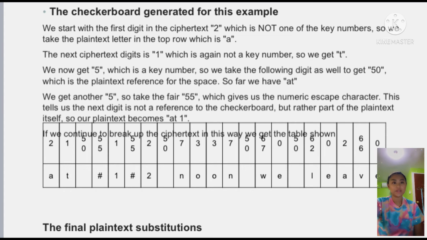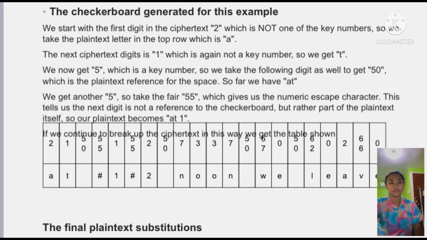We start with the first digit in the ciphertext, 2, which is not one of the key numbers, so we take the plaintext letter in the top row, which is A. The next ciphertext digit is 1, which is again not a key number, so we get T. We now get 5, which is a key number, so we take the following digit as well to get 50, which is the plaintext reference for the space.